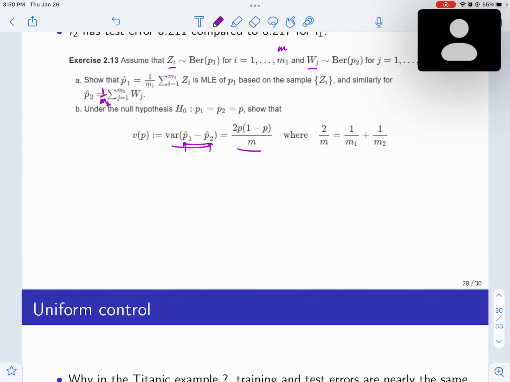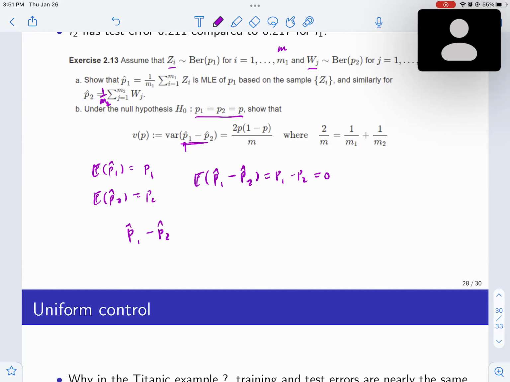And the mean would be 0 under the hypothesis that the two are the same. So under that hypothesis, the expectation of P hat 1 would be P1, the expectation of P hat 2 would be P2, so the expectation of the difference would be P1 minus P2, which is 0 under the null hypothesis. So this would be centered around 0. If I divide this statistic by its standard deviation, it is going to be approximately distributed like a normal variable with mean 0 and variance 1.